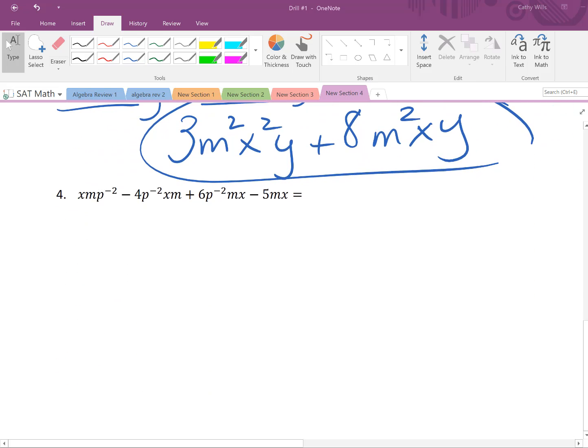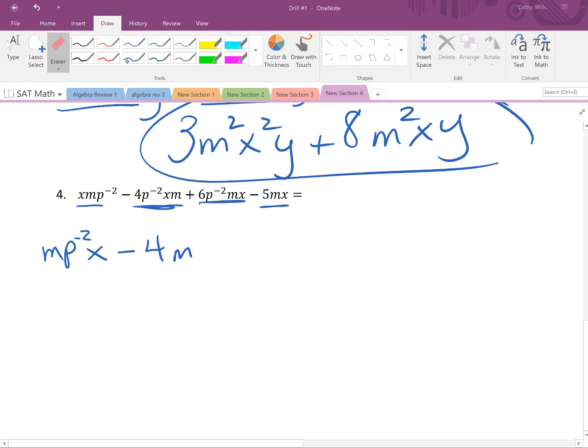Okay, this last one, again, if you get everything in alphabetical order, you can see which terms go together. You don't have to do that, but it might help you see which ones have the exact same letters with the exact same exponents. There are 4 terms. The m comes before p.